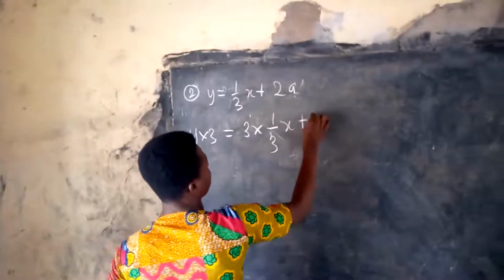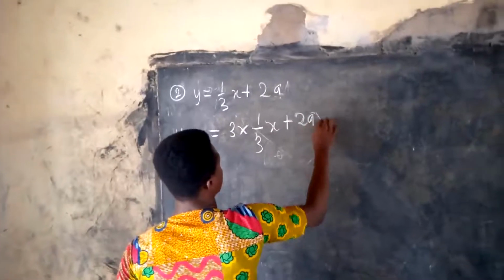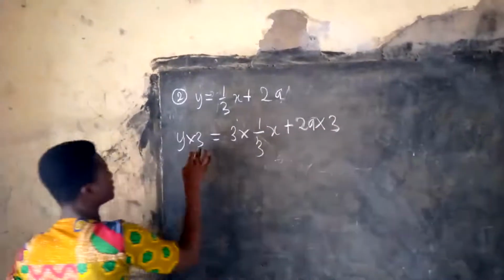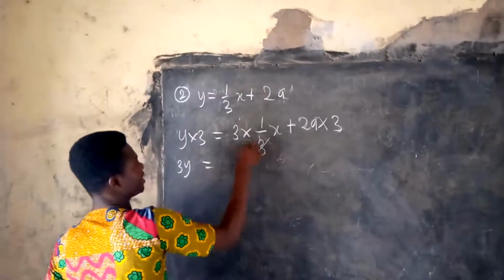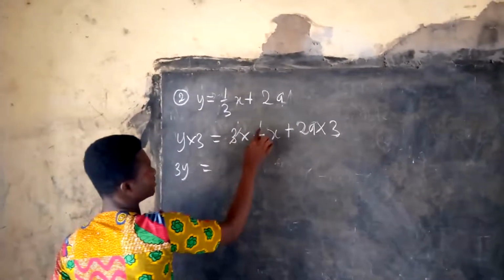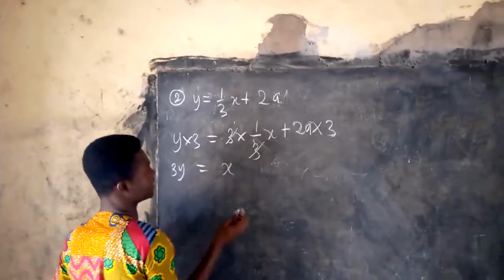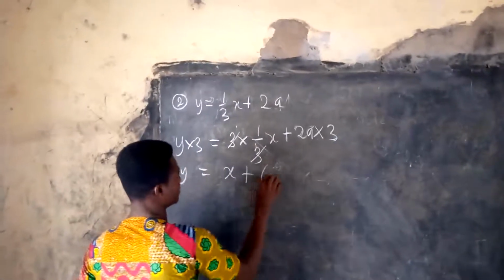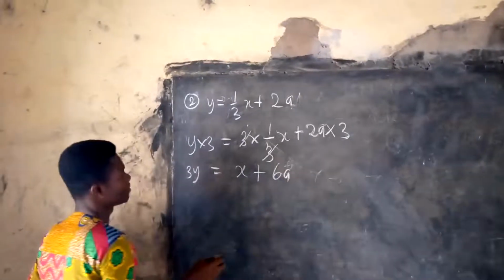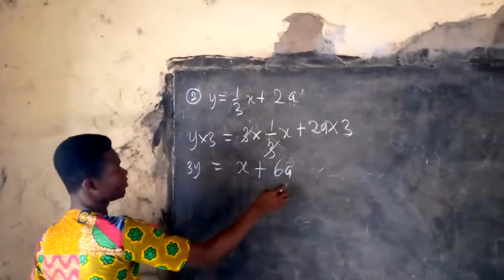So we have y times 3 is equal to 3 times 1 over 3, because we are multiplying by 3, the LCM, every expression here, x plus 2a times 3. 3 times y will give us 3y is equal to, this 3 will cancel this 3 and it will leave 1 times x, which gives us x plus 3 times 2a, which gives us 6a. So we want to make x the subject, so we group like terms.